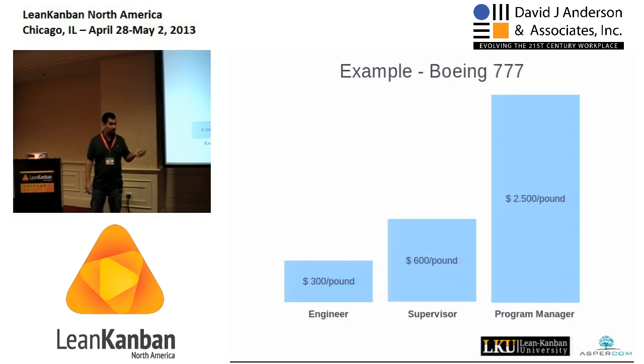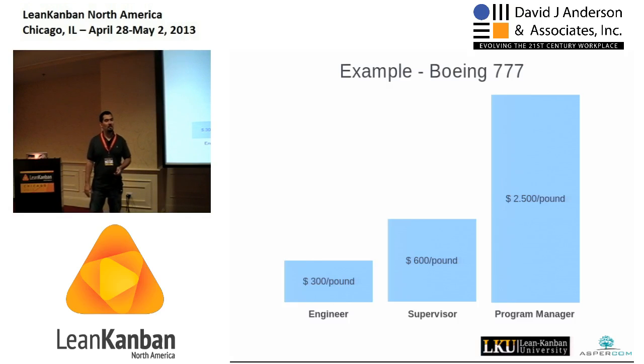And so the team has not just a money budget, but also a weight budget, okay? And how to decentralize control of this, okay? Well, you have an engineer, who can spend $300 to reduce a pound on the plane. You are a supervisor, you can spend $600 to reduce a pound on the plane, and you have the program manager with more money to reduce a pound on the plane, all right?